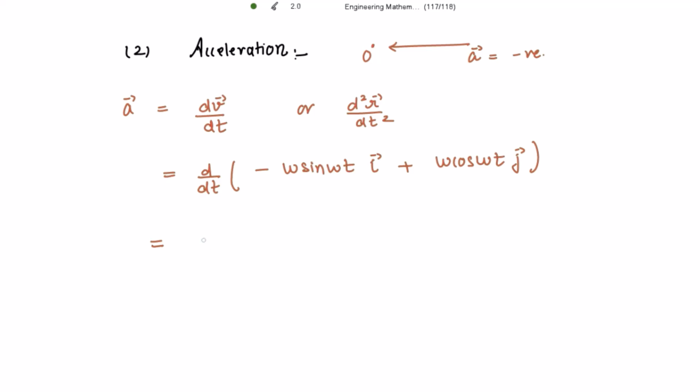Differentiating this with respect to time, it is minus w squared cos wt i vector and minus w squared sin wt j vector, and this is coming out negative if I take minus outside.